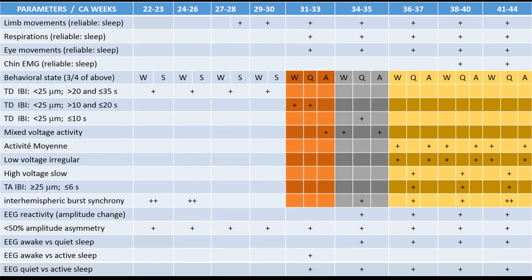Looking again at the general chart, you can see that I have divided tracé discontinu into 3 subtypes. These subtypes are based on the upper limits of normal of the interburst interval duration. The first subtype has interburst interval duration between 21 seconds and 35 seconds.